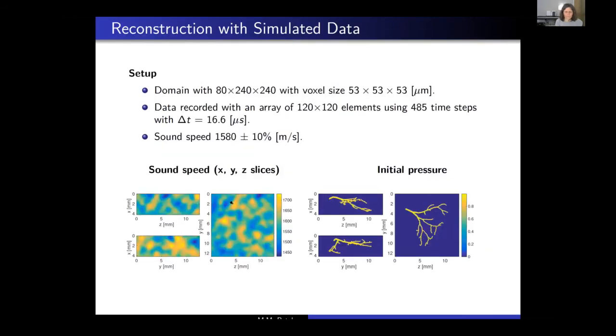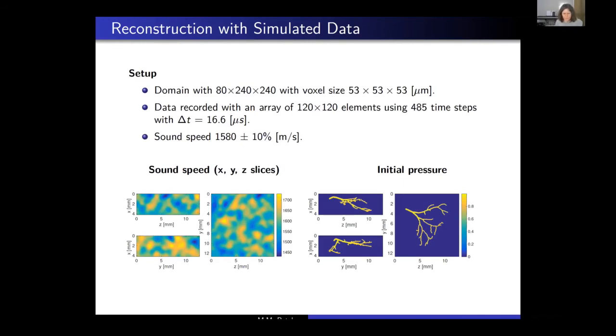Okay, so let me show you some simulations. We have this phantom here. It is a 3D phantom. What you are looking at are the maximum intensity projections, looking at this phantom from the top, and from two other sides. Typically in photoacoustics, we have a squashed volume, meaning the depth is smaller than the actual size.